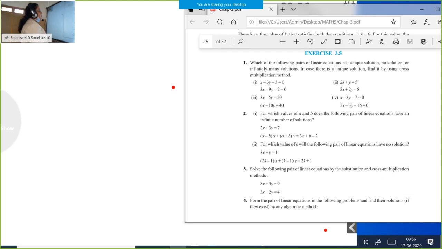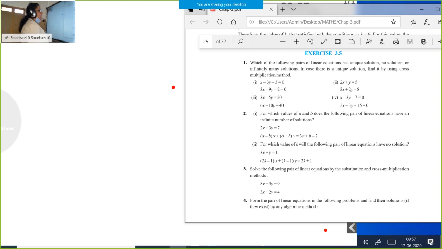Second question: for which values of a and b does the following pair of linear equations have an infinite number of solutions? The equations are 2x plus 3y equal to 7, and (a minus b)x plus (a plus b)y equal to 3a plus b minus 2.